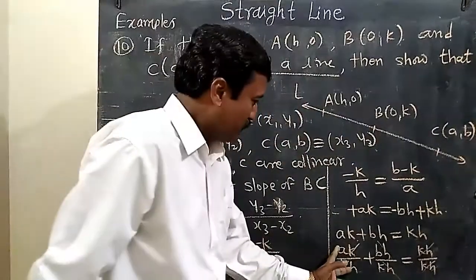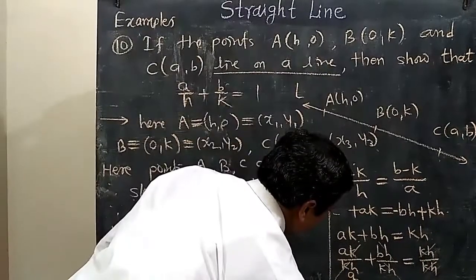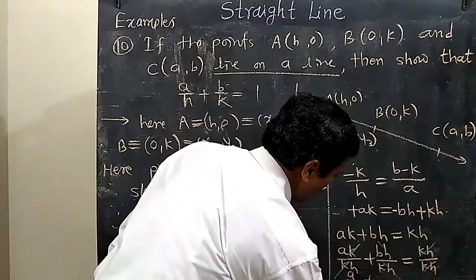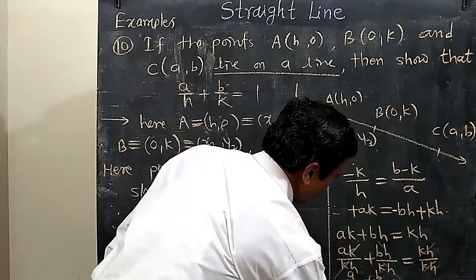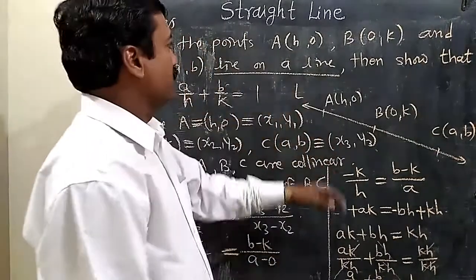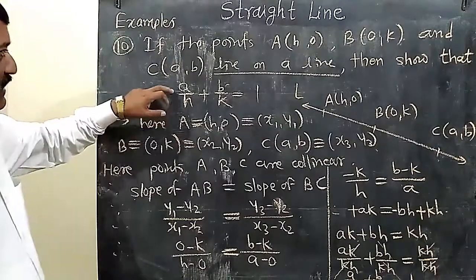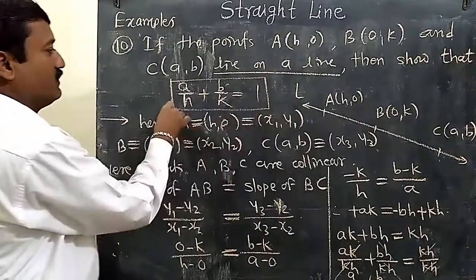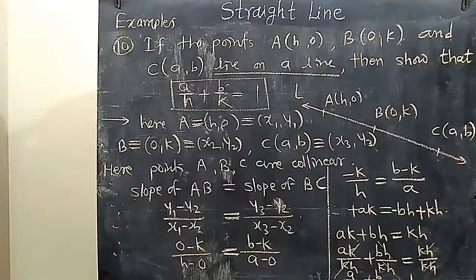So remains a upon h plus b upon k and is equal to 1. That is nothing but this: a upon h plus b upon k equal to 1. So this is the result that we want here.